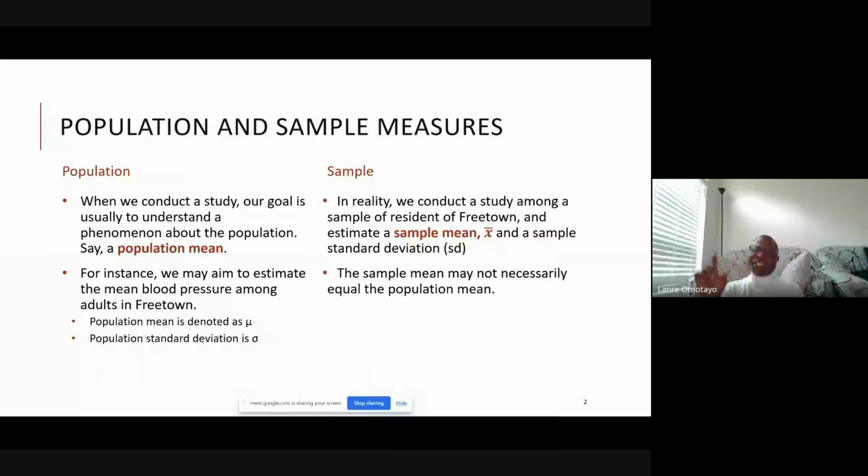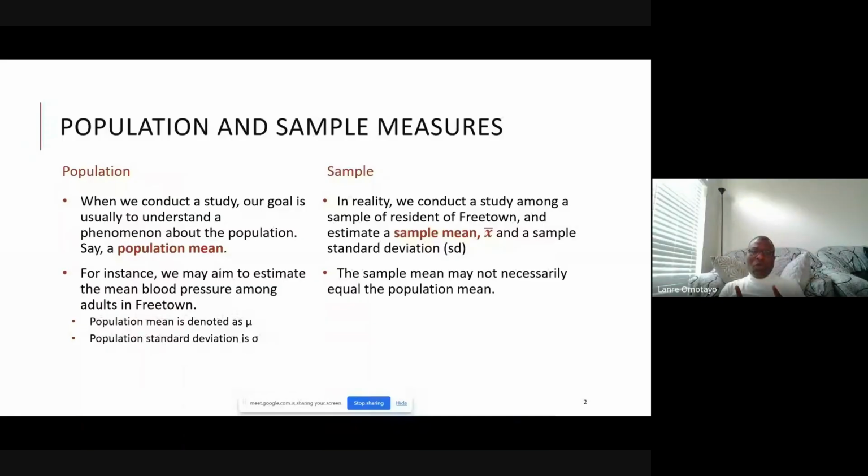And because we understand the chances for each person to be in that sample, we can think about whether whatever we find from this sample would represent what we find in the population.